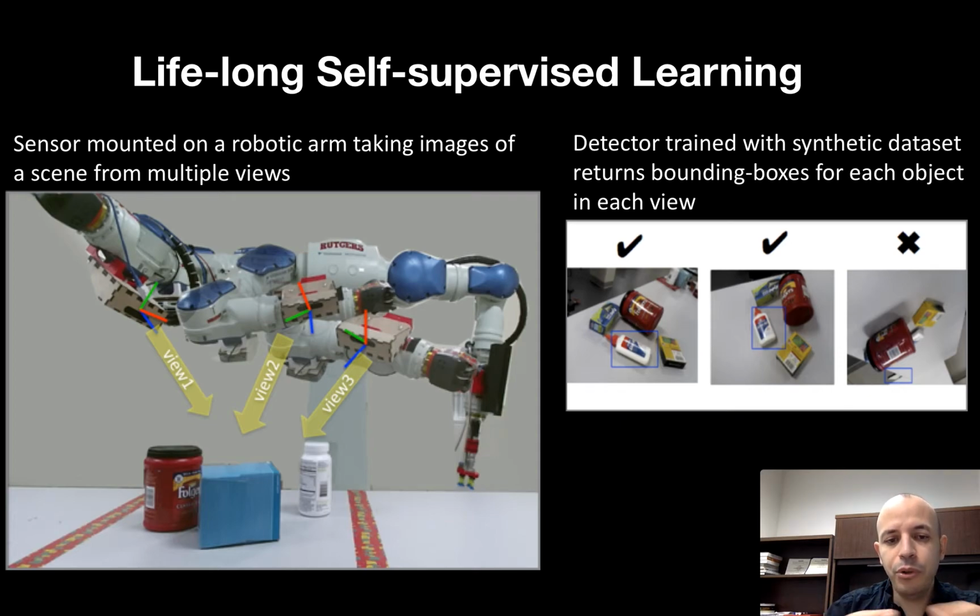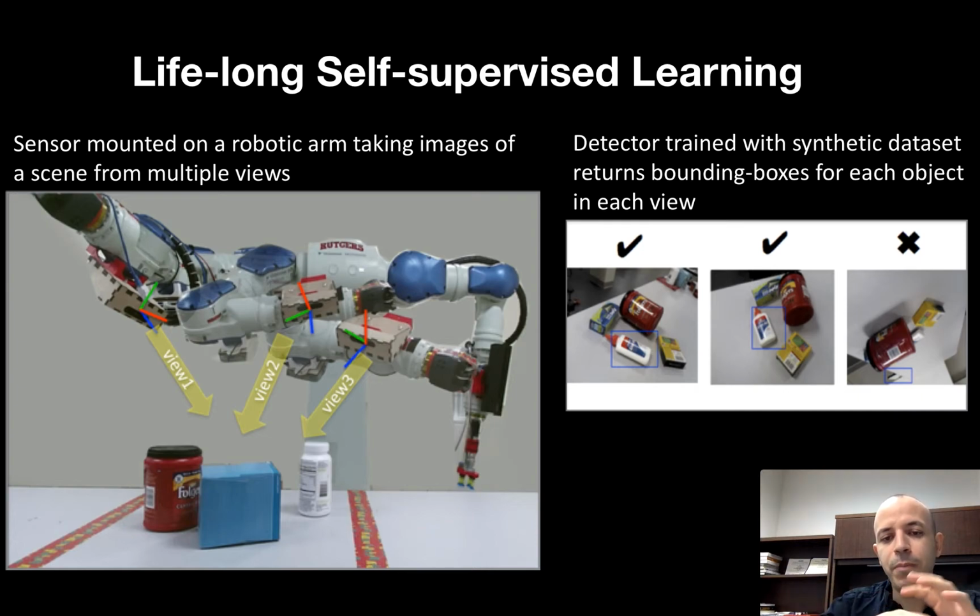So the robot can put objects in front of it. It knows maybe these objects, it can detect them, but not very well maybe at the beginning, and then it can start creating scenes that are more challenging and take images and then label them, because we already have a somewhat accurate detector and pose estimator that we can use to generate labels and poses for these images.